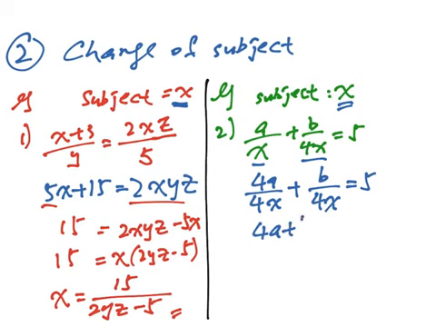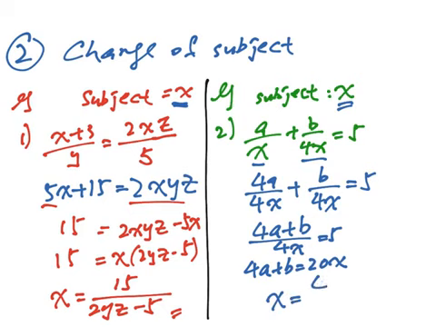So 4a plus b over 4x equals 5, and then use cross multiplication, so we get 4a plus b equals 20x. So at the end, x will become 4a plus b over 20.